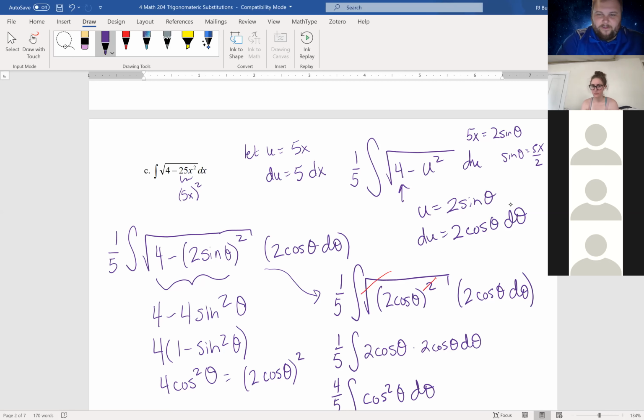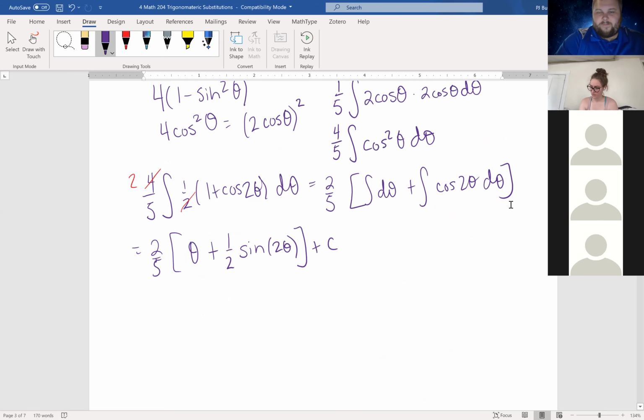If I have that, I can create a triangle. Okay, so I have sine theta is 5x over 2. Make the triangle. Sine is opposite over hypotenuse.